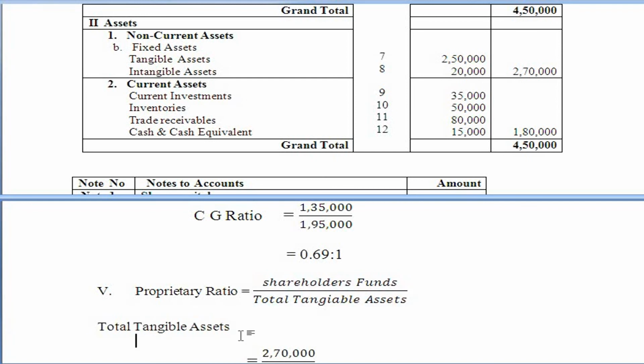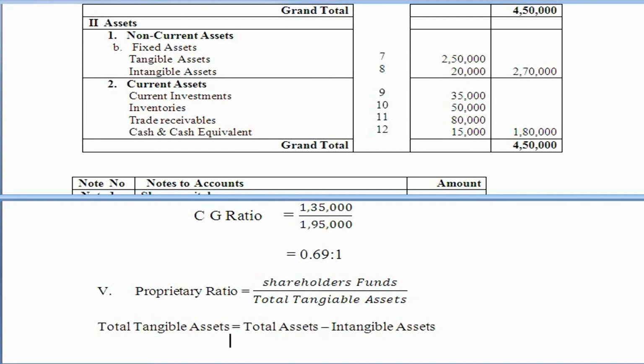total assets minus intangible assets. What is the amount of total assets?